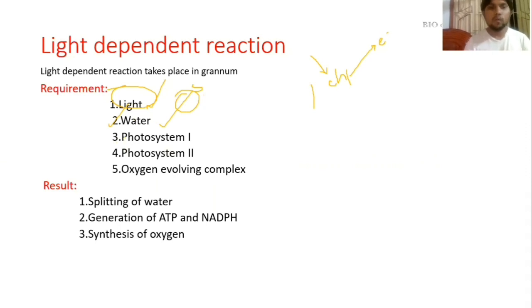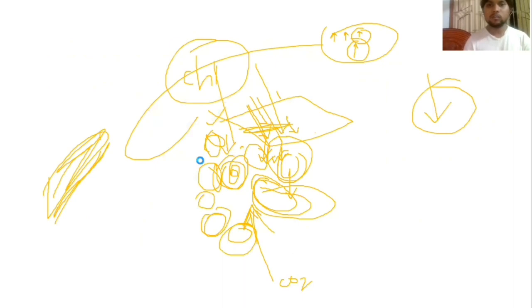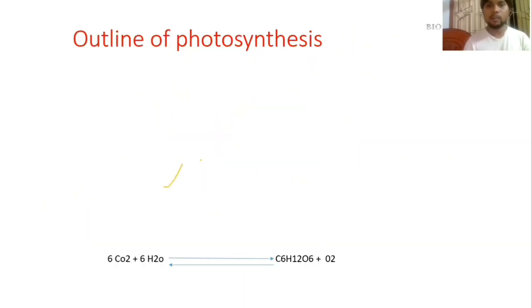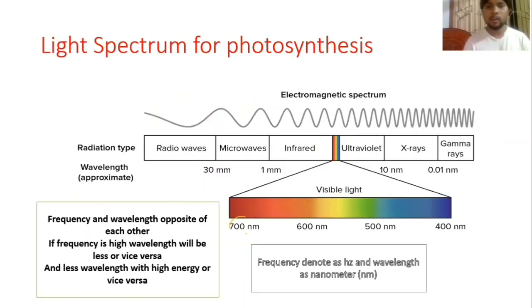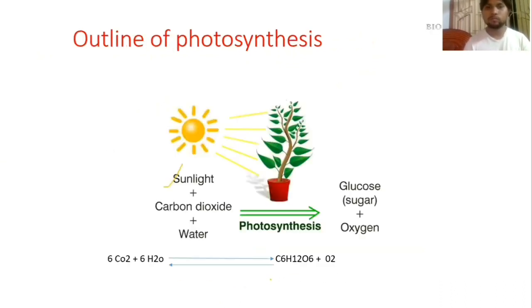Photosystem 1 and photosystem 2, also known as PS1 and PS2. In the first slide, I told you that plants can absorb maximum from 700 nanometer to 680 nanometer.